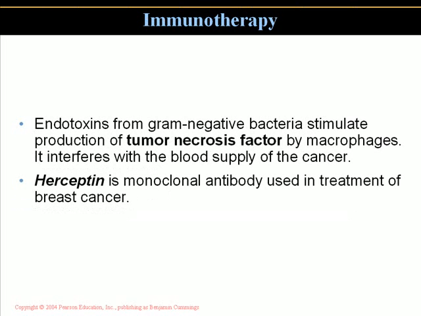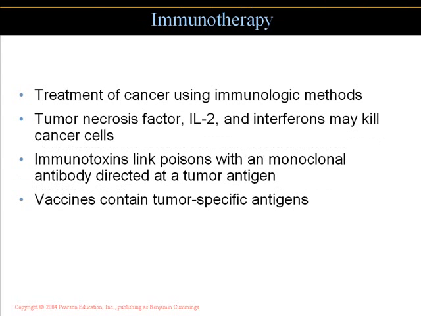Endotoxins from gram-negative bacteria stimulate the production of tumor necrosis factor by macrophages, and it interferes with the blood supply of the cancer. Herceptin is a monoclonal antibody that's used in the treatment of breast cancer. Treatment of cancer using the immunologic methods, tumor necrosis factor, interleukin, and interferon may kill cancer cells.